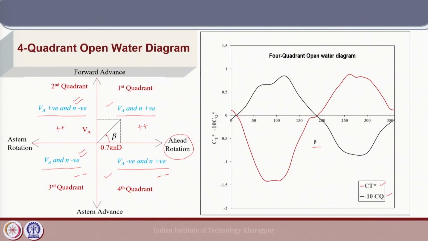One very important aspect we need to understand is the performance of a propeller in the forward and astern directions. Now, if we think of a simple propeller blade mounted on the hub, we are just taking one blade, and this is a clockwise rotating propeller if we see from the face.